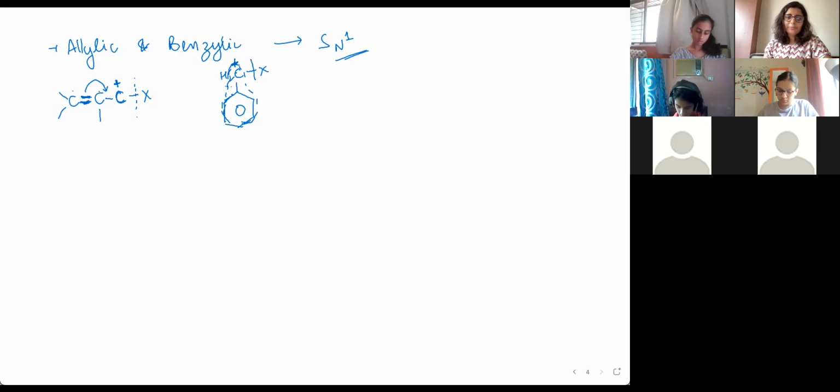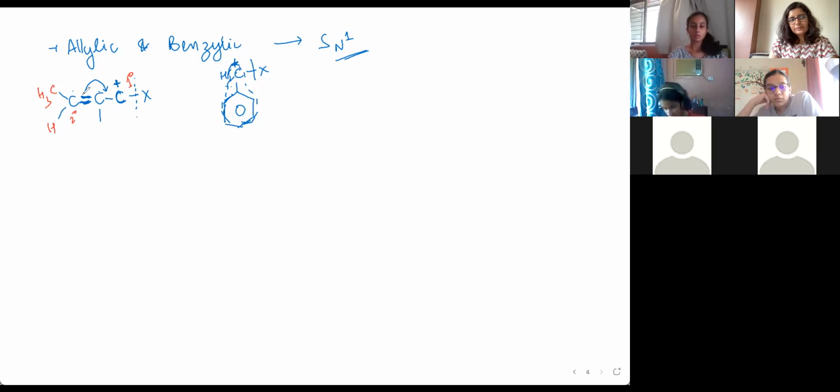Allylic, ma'am, is another thing. Because of this resonance, if this one was primary and this one was secondary, suppose I have another CH3 here and H over here, then during this resonance, because the double bond shifts here, there is a possibility that you end up with a secondary product.